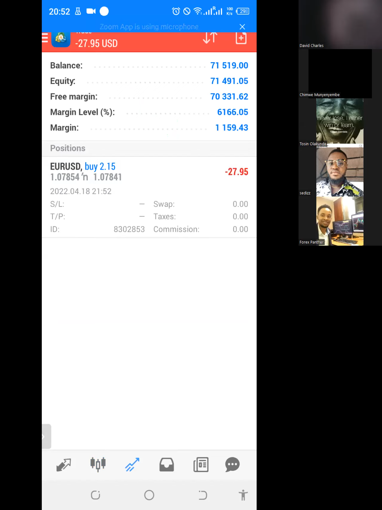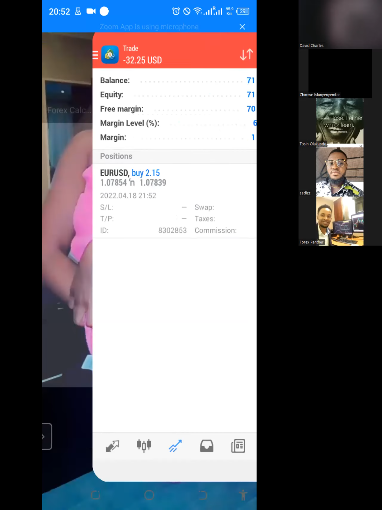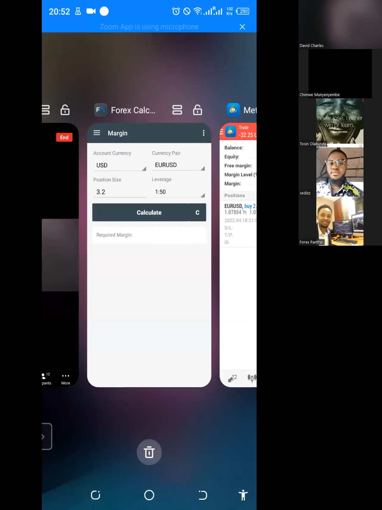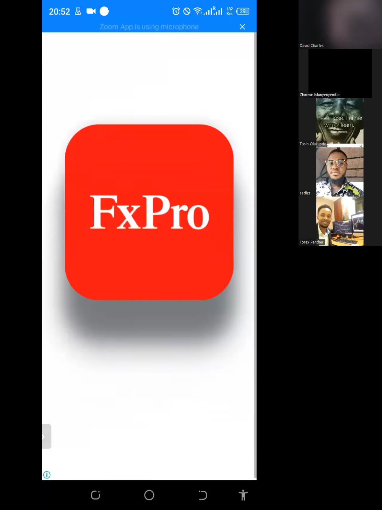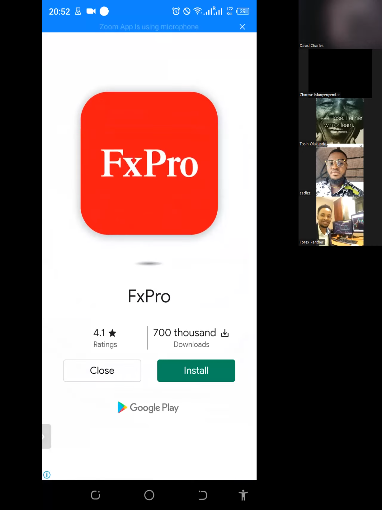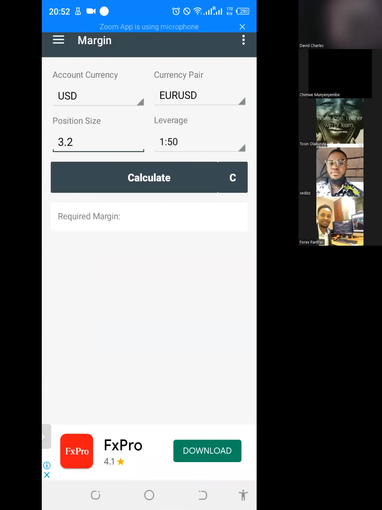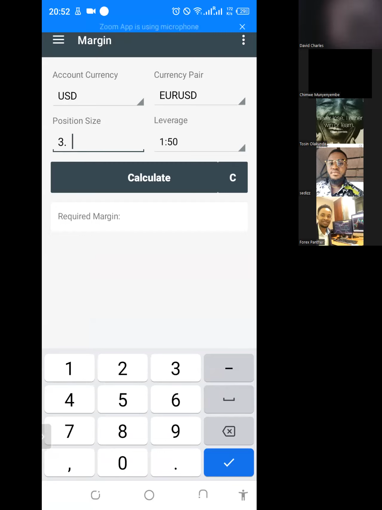So you need to know the margin level required. That's why you put this thing. So you know for sure on this 2.15, what margin level do you need on Euro USD?